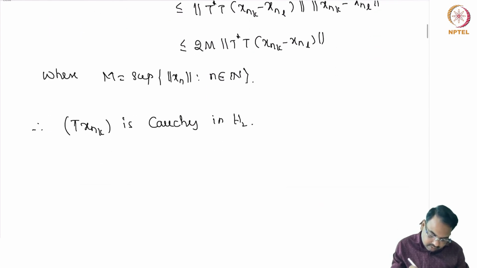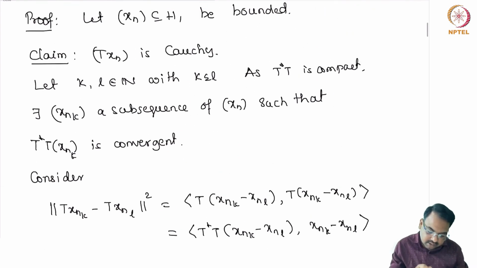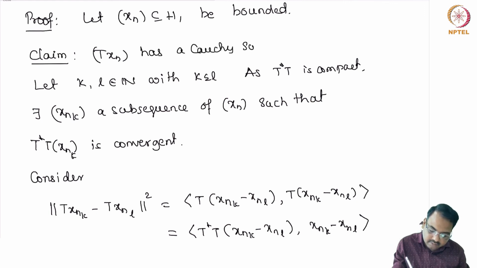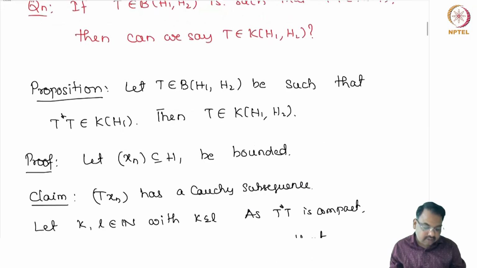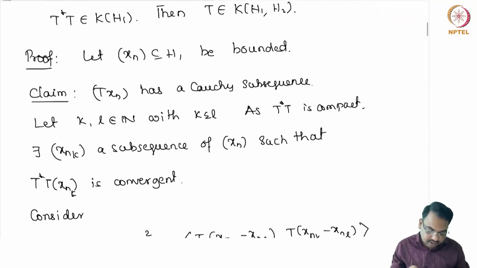Since H2 is complete, hence it is convergent. Okay, so this is what we wanted to show, that Txn has a Cauchy subsequence. So this completes the proof of the fact that whenever T star T is compact, then T is compact.